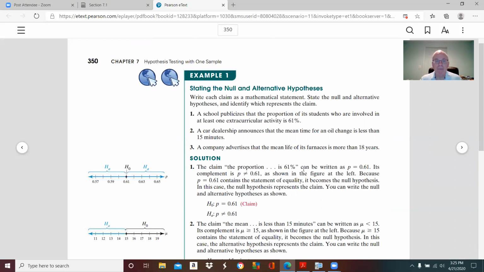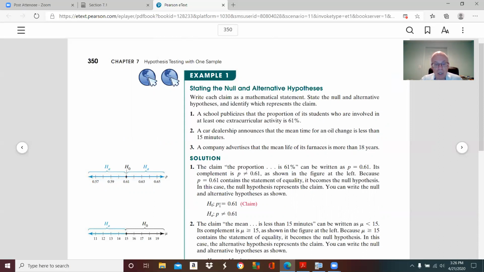And then you're supposed to figure out what the competing hypothesis is also by finding the complement of it. Let's do an example. Number one here, it says a school publicizes that the proportion of its students who are involved in at least one extracurricular activity is 61%. The word "is" here indicates equal to. And where are the equal to signs? Well, they go into the null hypothesis, correct? Equal to, less than or equal to, greater than or equal to, always in the null hypothesis.